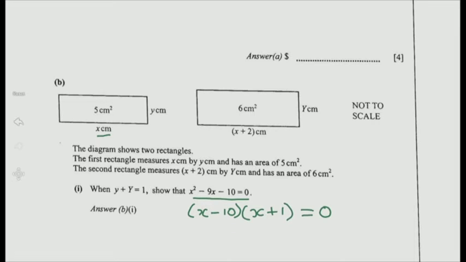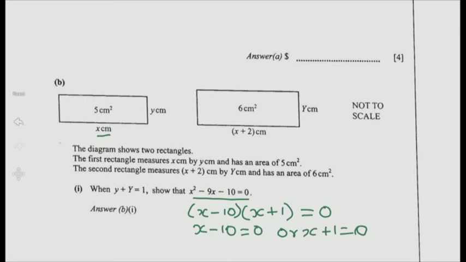Then we can look for the two roots. Here it's a product which is equal to 0. So therefore, either x minus 10 is equal to 0, or the other factor, which is x plus 1, is equal to 0. Right.